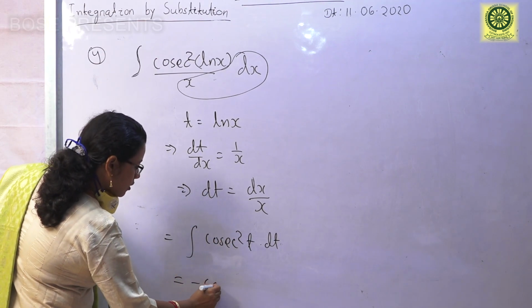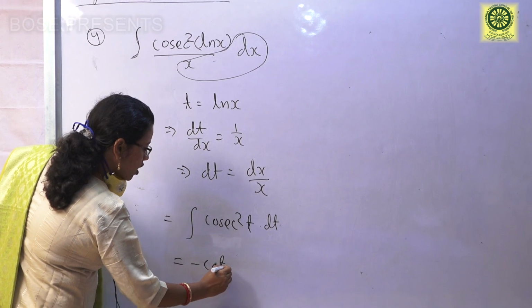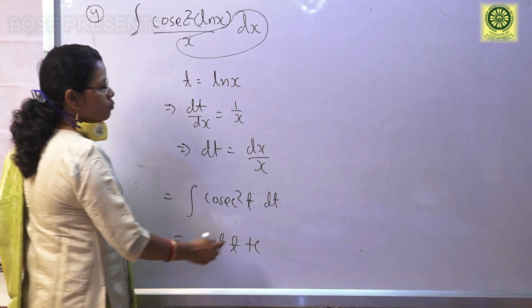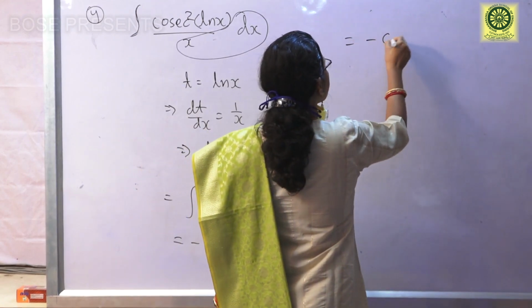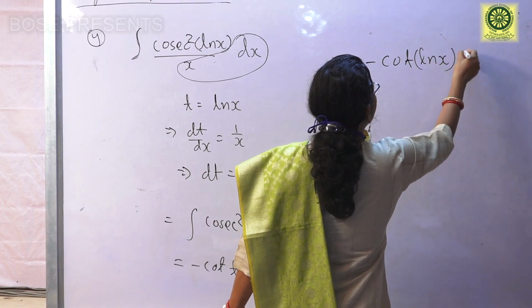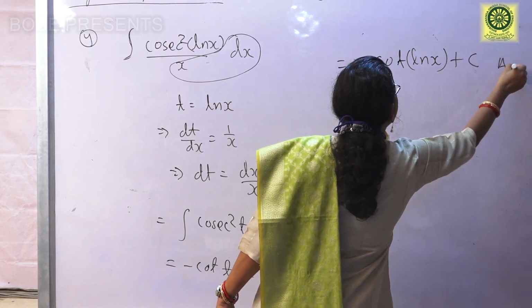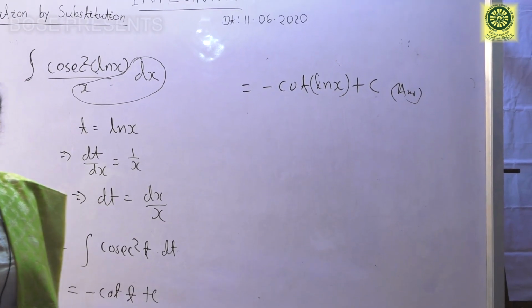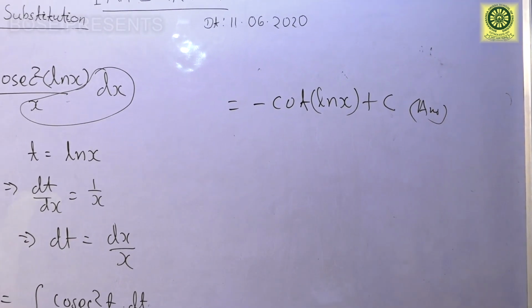Okay. And the integral of cosec square t is minus cot t plus c. Now just replace this t by ln x to get our required answer. Okay. This is very important, often comes in semester exams.